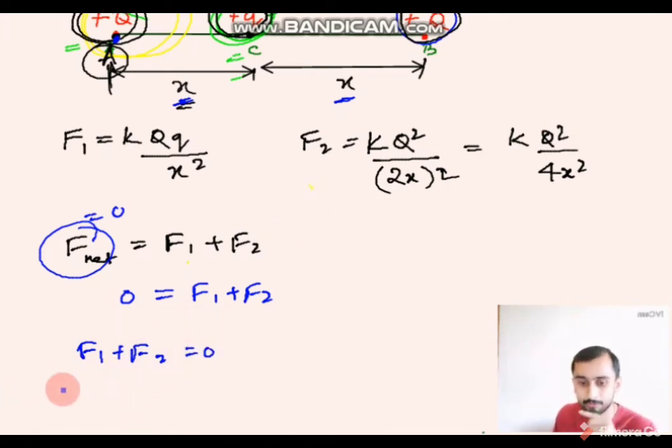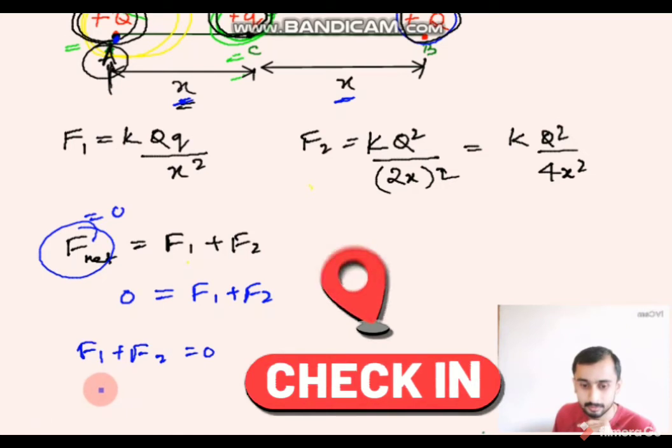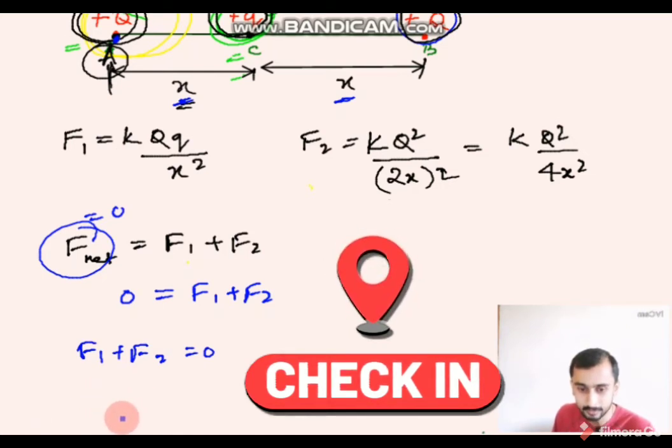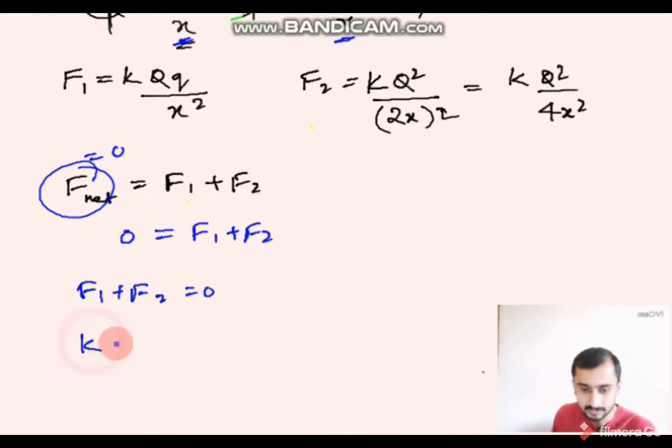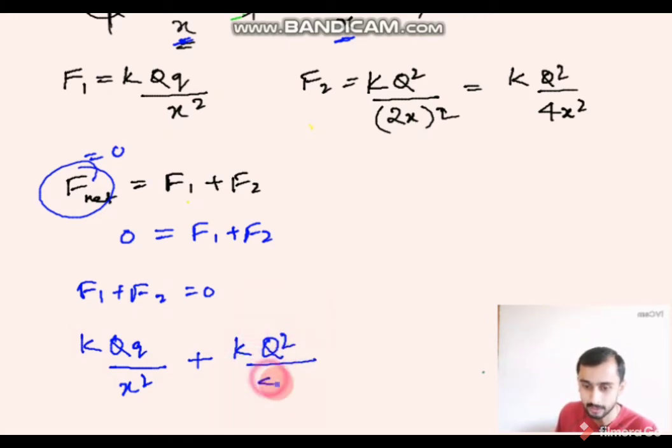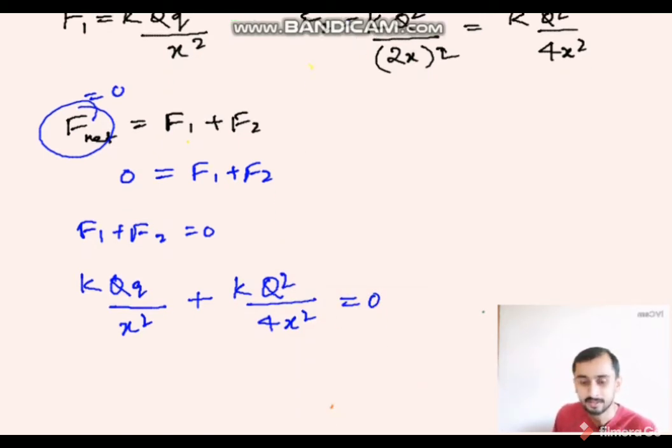Now just substitute the values of F1 and F2. What is the value of F1? That is k q into Q divided by x square, plus the second one, F2, k Q square divided by 4x square. This sum must be equal to 0, right?